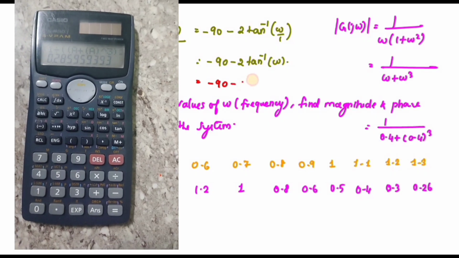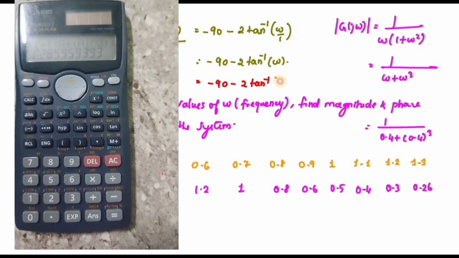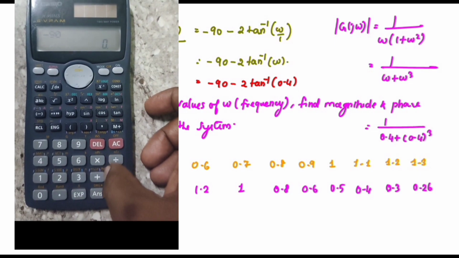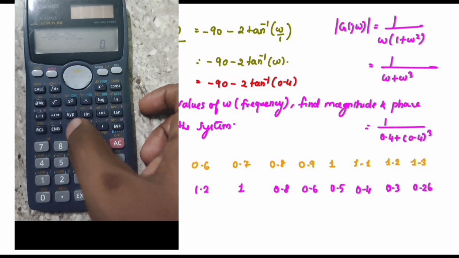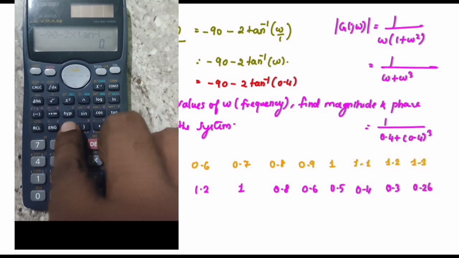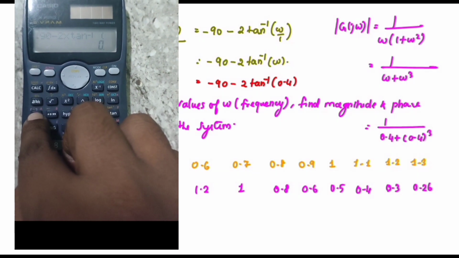Next, for the phase, enter minus 90 degrees minus 2 into tan inverse of, open braces and close braces, alpha A inside.